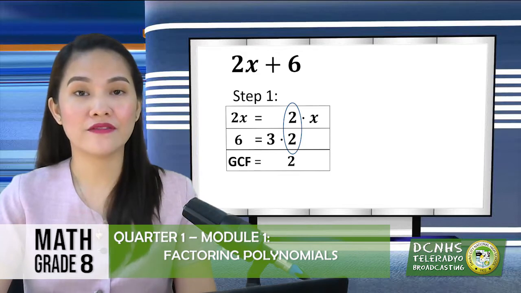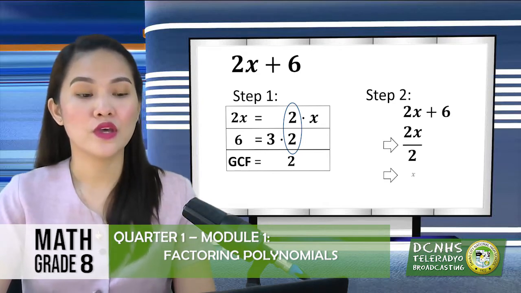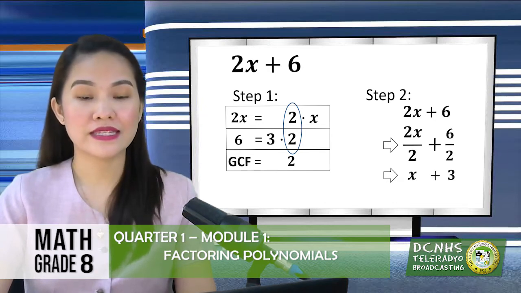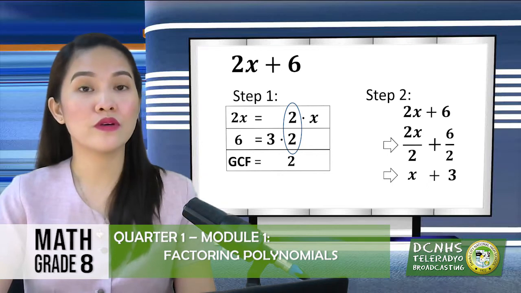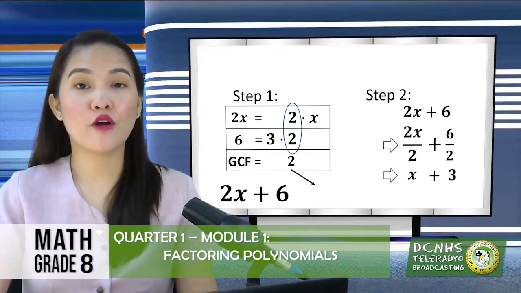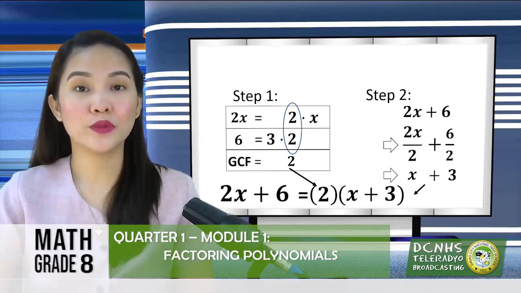The GCF is 2. Next, divide each term of the expression by the GCF. So, 2x divided by 2 is x, plus 6 divided by 2 is 3. Therefore, the factors of 2x plus 6 are 2 times the quantity x plus 3.